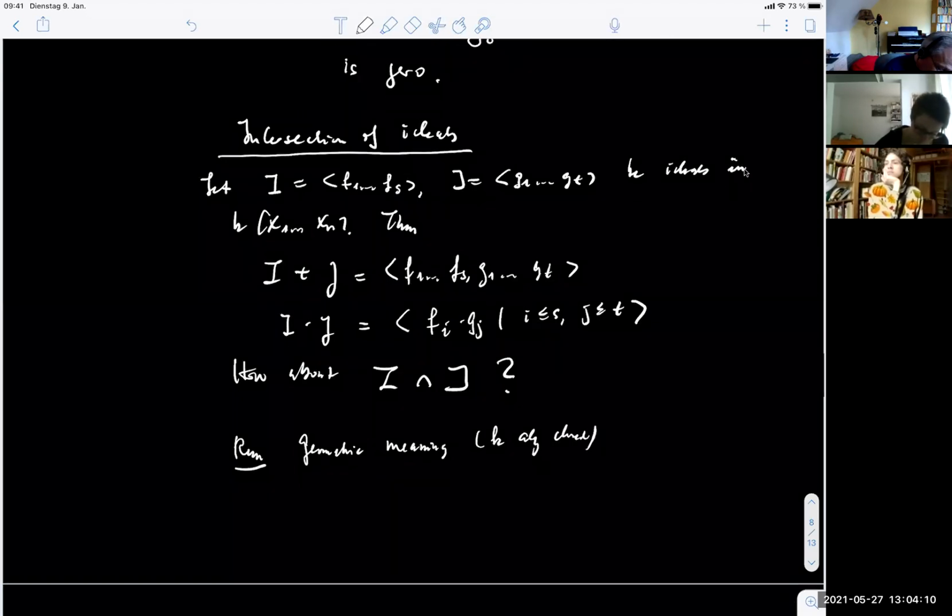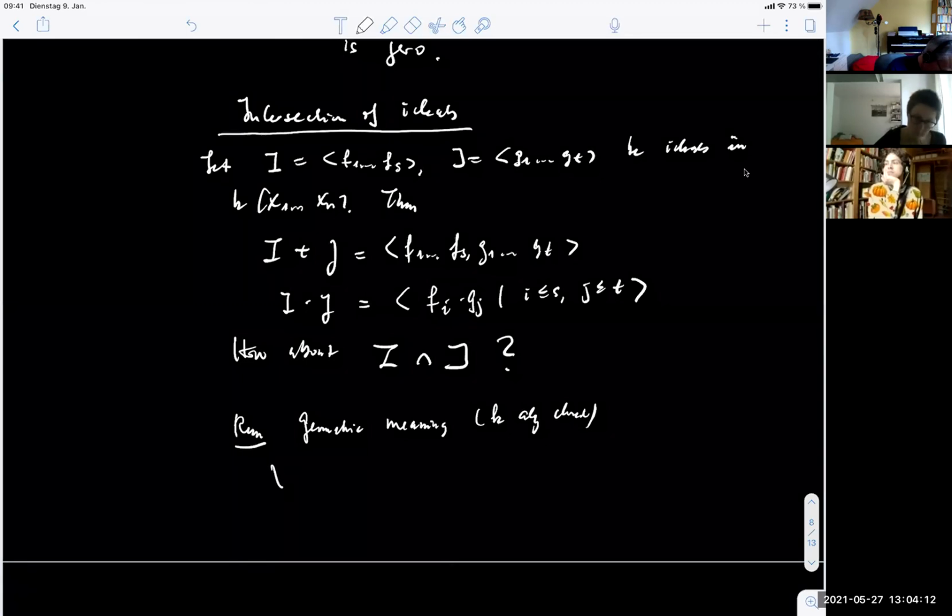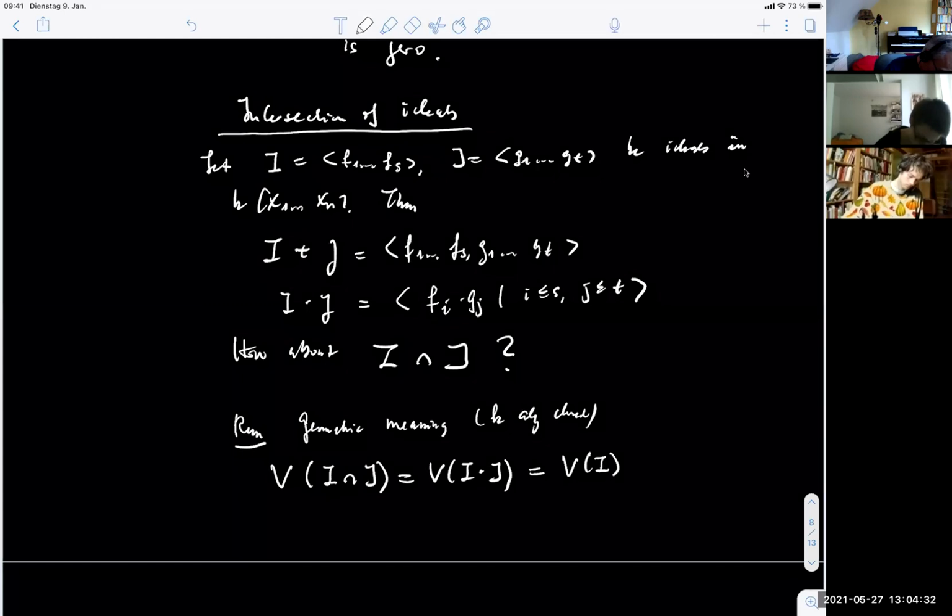Then the following is true. We had the notion of the zero set. One can show the zero set of the intersection is the same as the zero set of the product. The zero set of the product is the union of the zero sets.